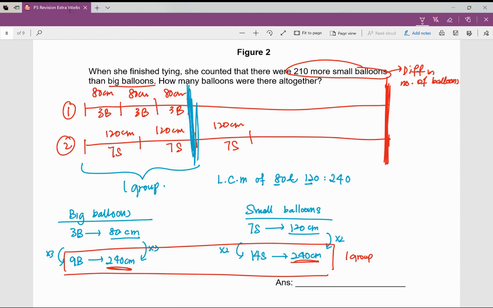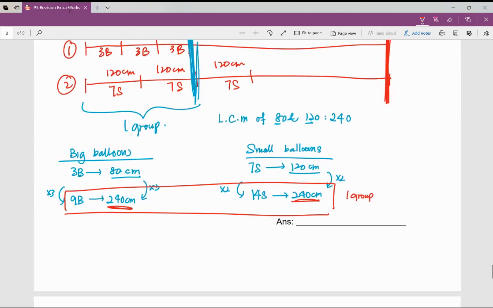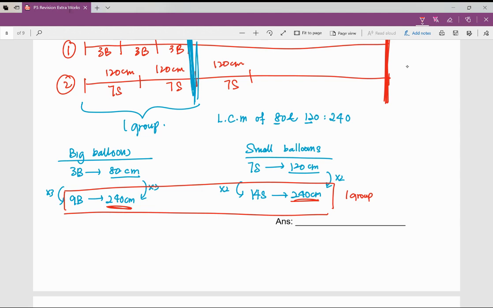Since they give you a difference in number of balloons to work with, what I will need to fish out from the one group is also the difference in number of balloons for one group. So remember, you must be comparing the same thing to the same thing: number of balloons to number of balloons, difference to difference, total value to total value. You cannot compare two different things. Is that clear?